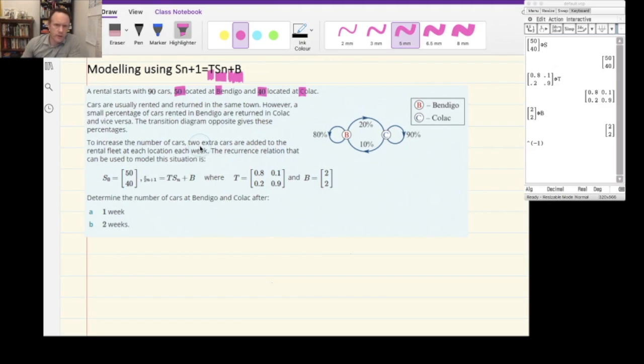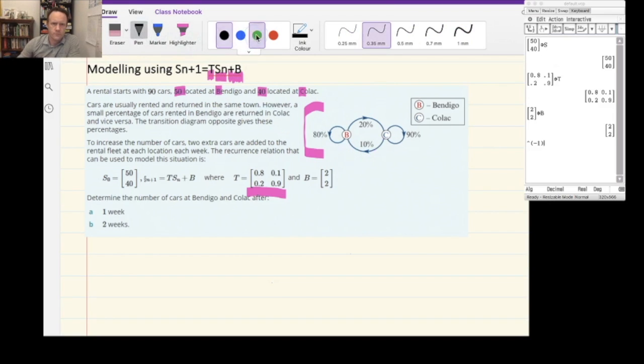The transition diagram is here, and down there is the matrix. It gives these percentages. You can see 80% return to Bendigo and 90% return to Colac, so the 10% left over from Colac go to Bendigo, and the 20% left over go to Colac.